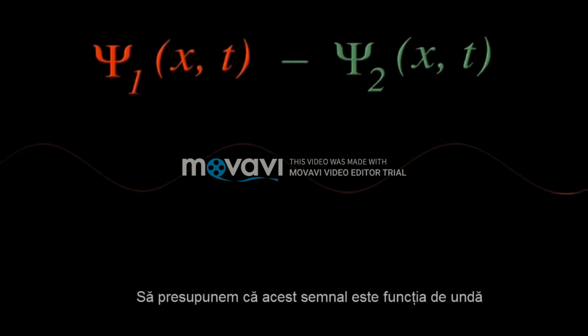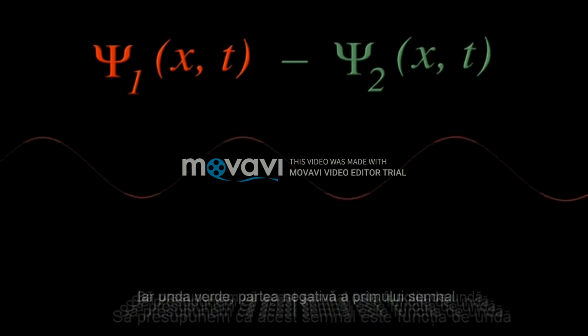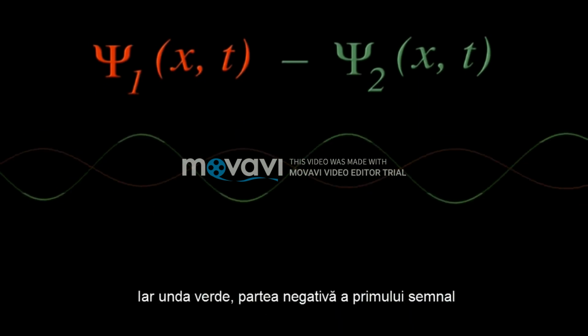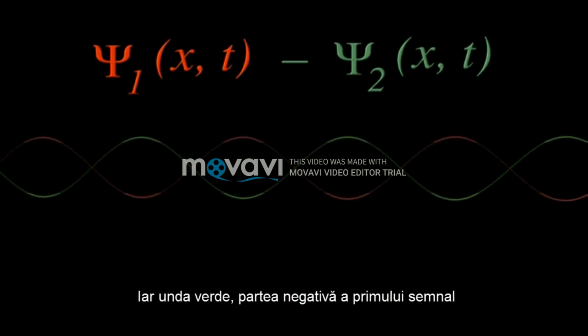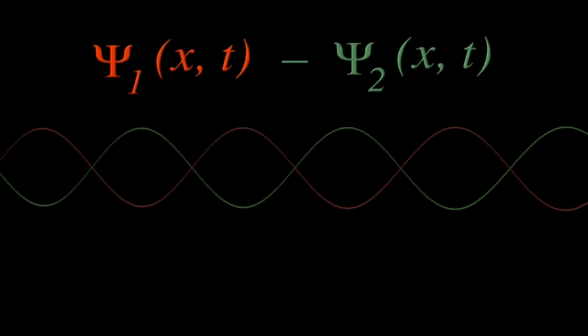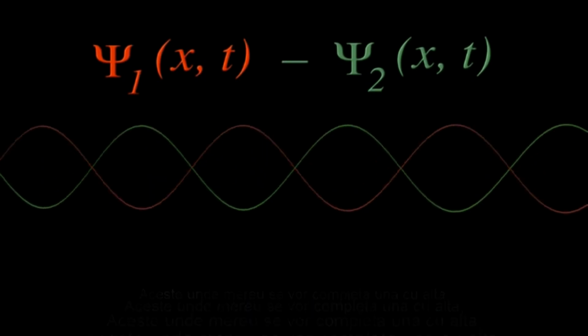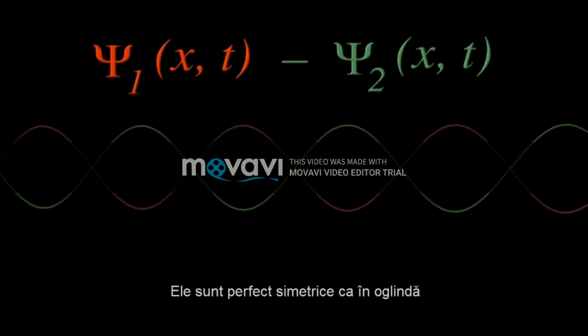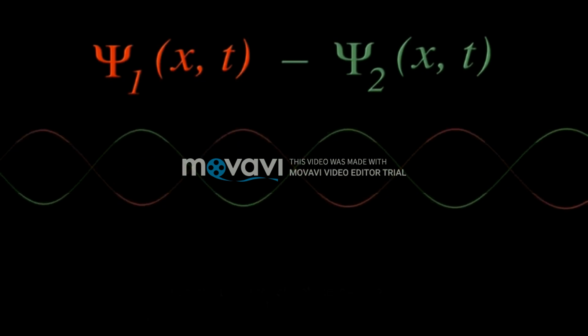Let this red wave represent the first part of the combined wave function, and this green wave represent the negative of the second part. If the electrons are in the same state, these two waves will be a mirror image of one another. As one goes up, the other goes down in perfect synchrony.